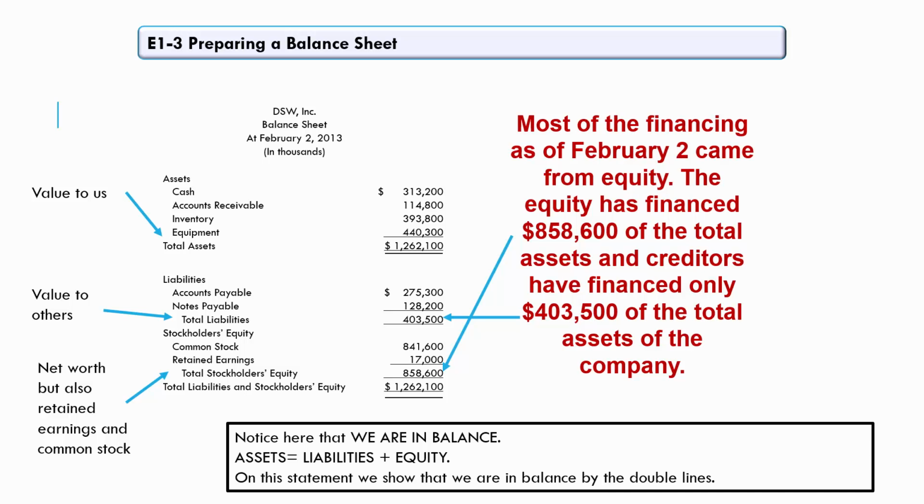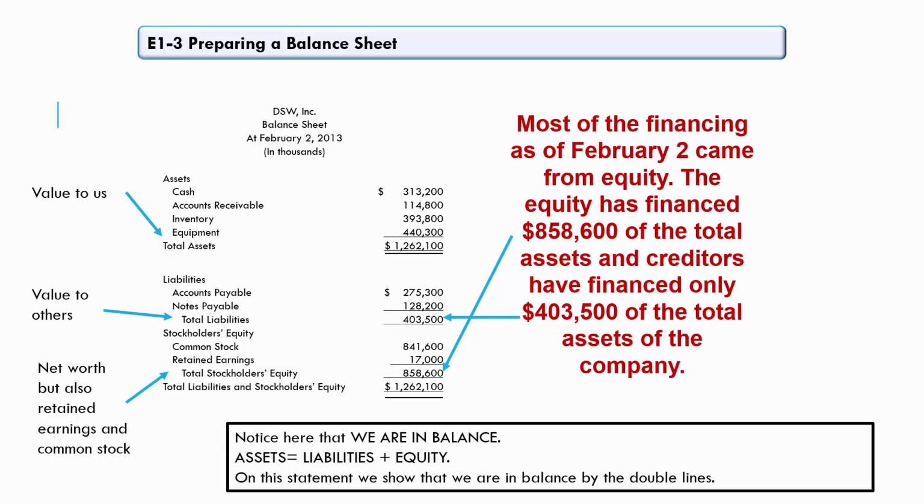Now, as for the financing, we find that these assets, which are about $1.2 million, most of that is coming from stockholders' equity, and most of that is coming from the investment from the common stockholders. You see the $841,600. Now $17,000 is coming from our operations.